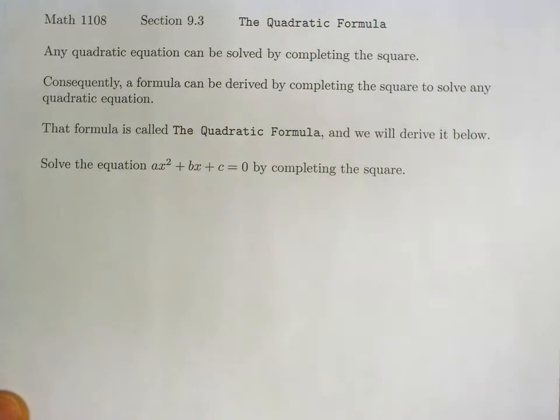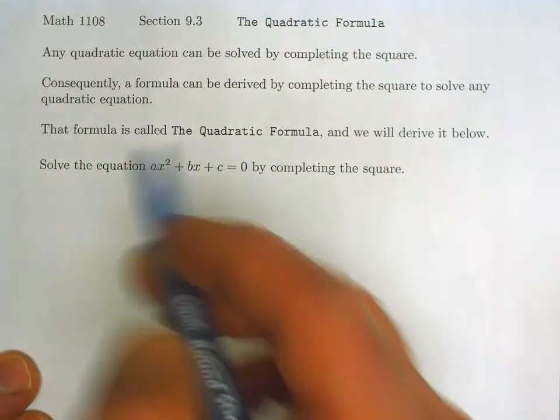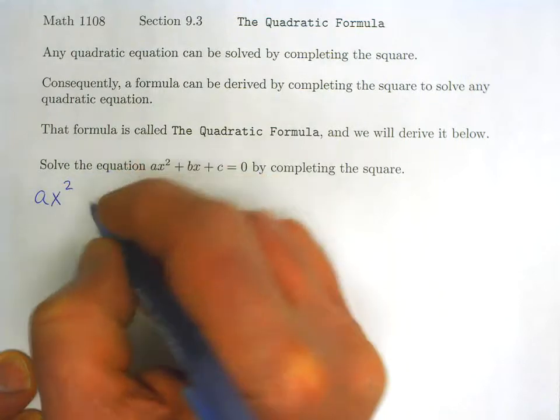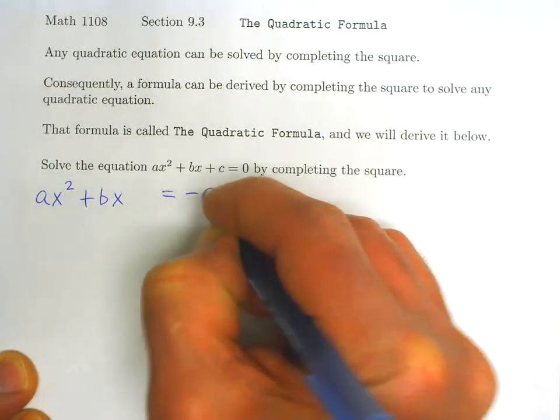Okay, just like we did yesterday, to solve this by completing the square, first we subtract c from both sides, so ax squared plus bx equals negative c.